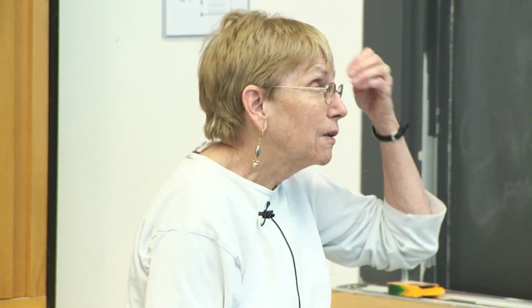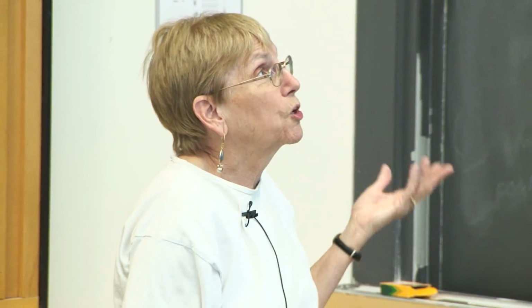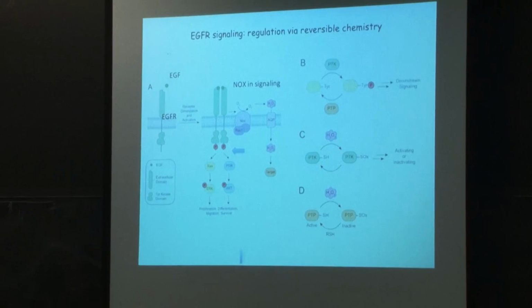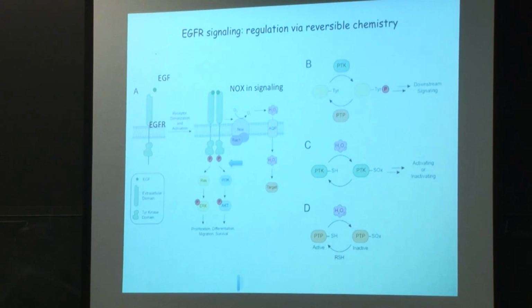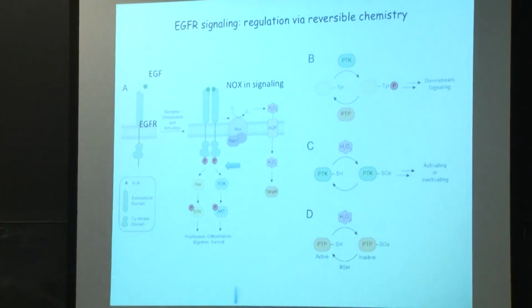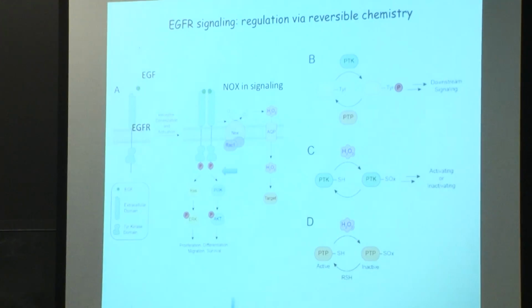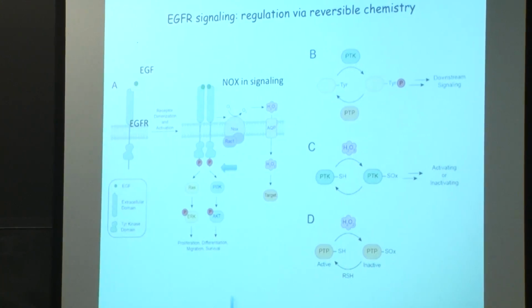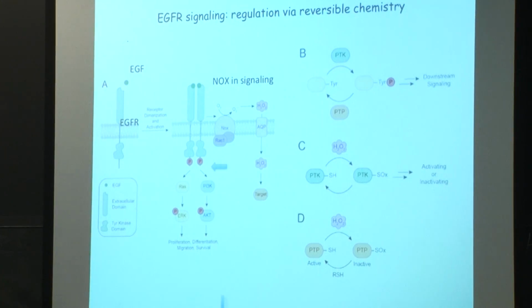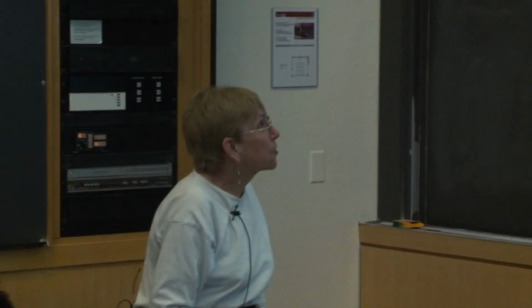This sort of model is similar to what we're going to be talking about with epidermal growth factor, and it's similar to how many growth factors work. This model is sort of a generic model for many of these systems, although the signaling pathways are distinct.